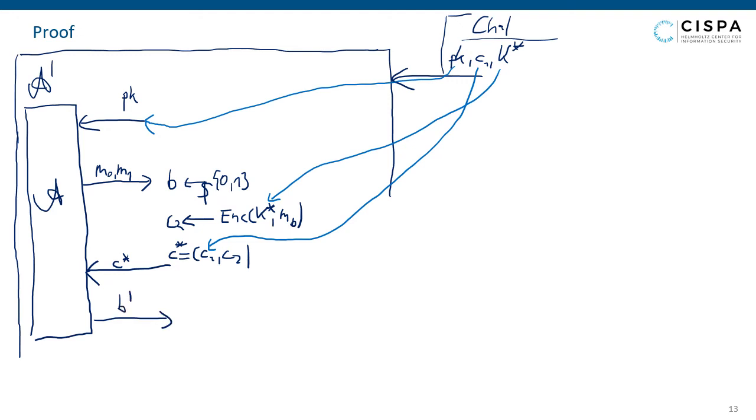whereupon the adversary A outputs a bit B prime, and if B prime equals B, our adversary A prime outputs 1, otherwise 0.